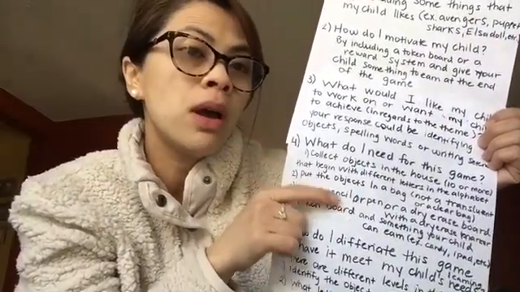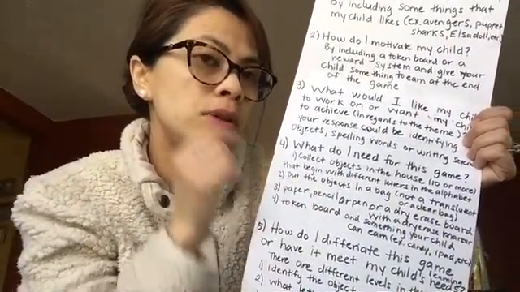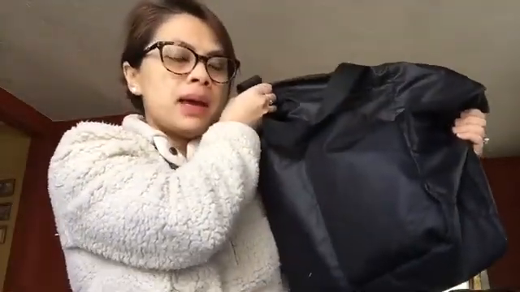I will show you what I chose to use as a bag for this game. So we are going to use this bag. So you need something dark and not clear. And then again, you can choose up to 10 objects or more, depending on how long you want to play the game.